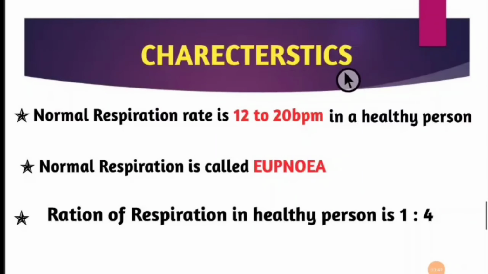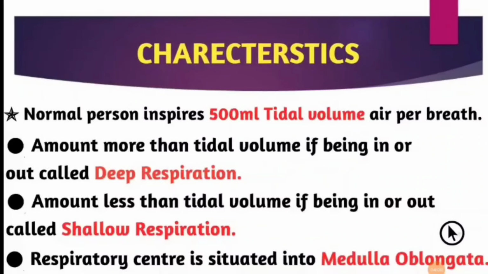Next one is characteristics. Normal respiration rate is 12 to 20 breaths per minute in a healthy person. Normal respiration is called eupnea. Ratio of respiration in a healthy person is 1:4.